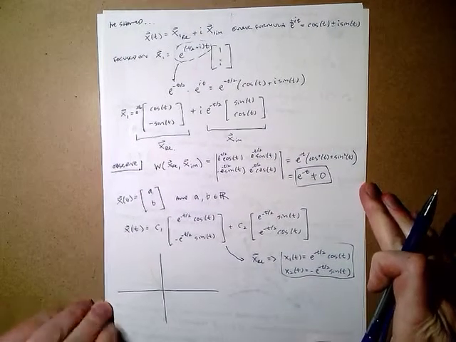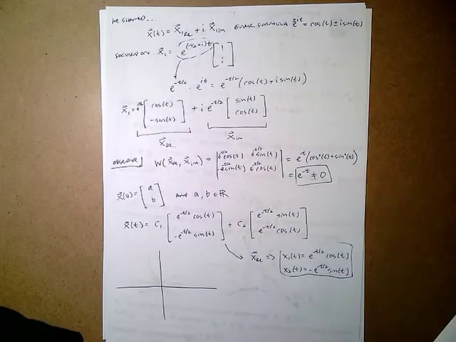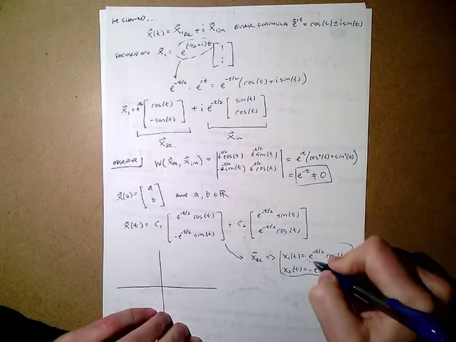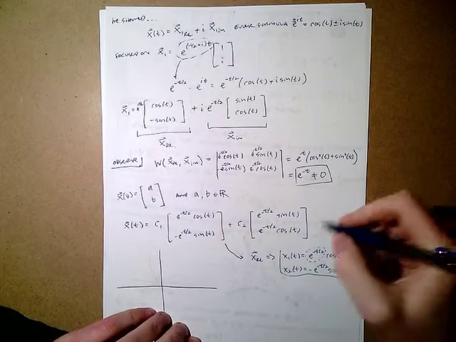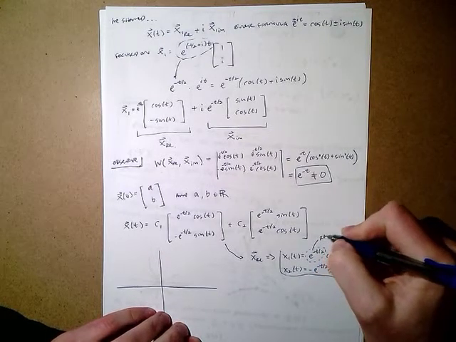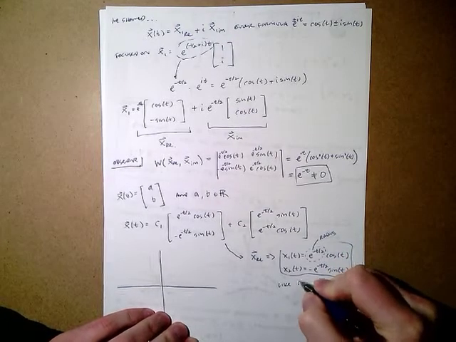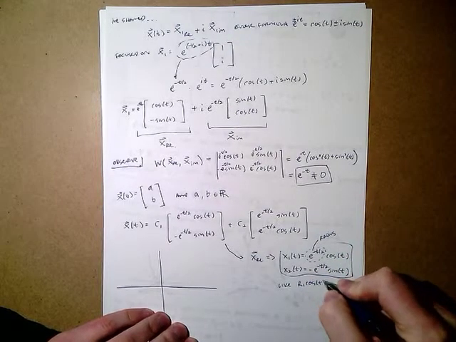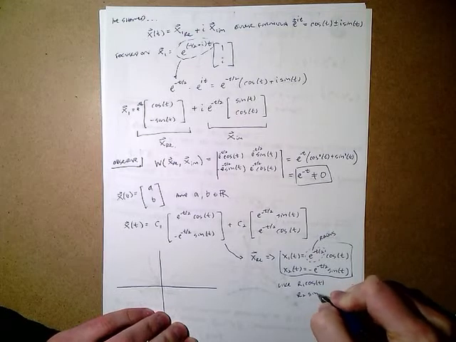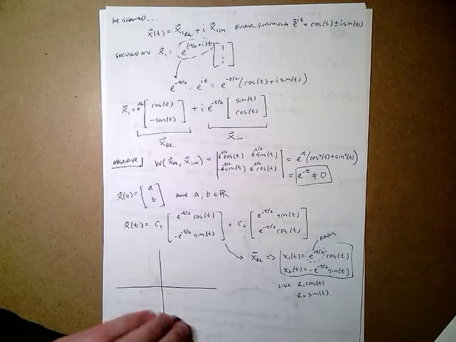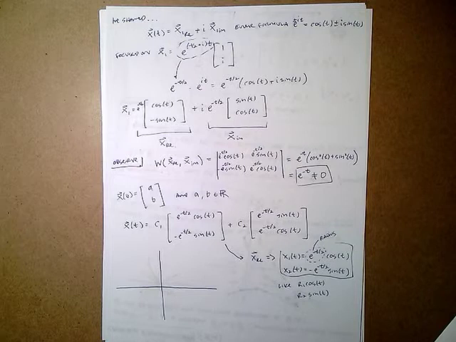So this is like our cosine theta and our sine theta, right? Where these exponential functions are essentially acting like the radius. So this is like r1 cosine t, r2 sine t, where these two radii are varying with time.